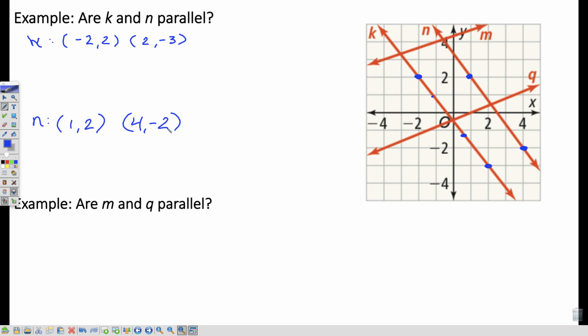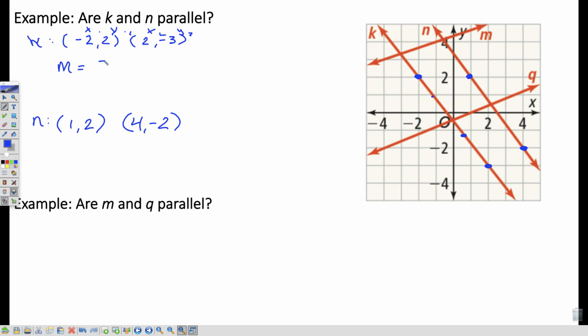Okay, so my formula was y minus y over x minus x, yes? If you want, you can put x1, y1, x2, y2 above them, so you remember.